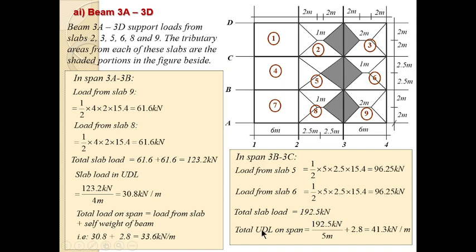Now the total UDL on the span is this 192.5 divided by the length, which changes it to a UDL, plus the self weight of the beam, which is 2.8, and it all gives you 41.3.